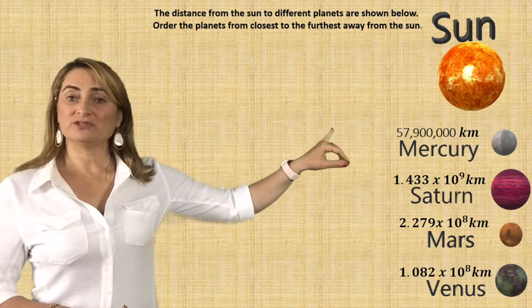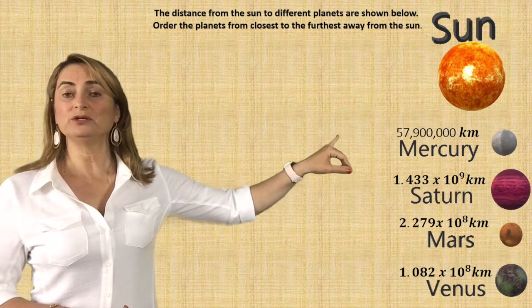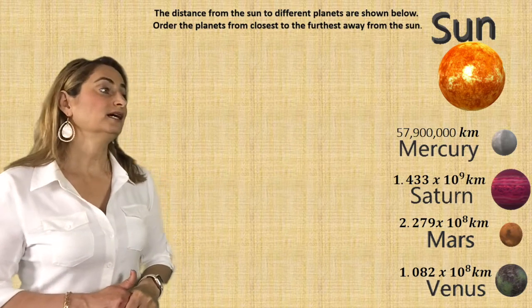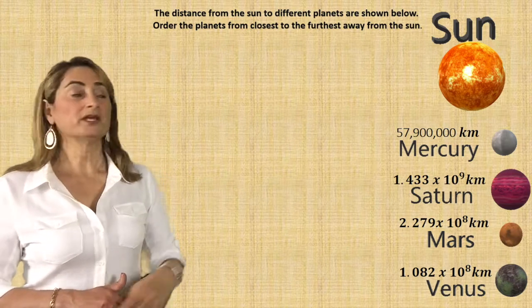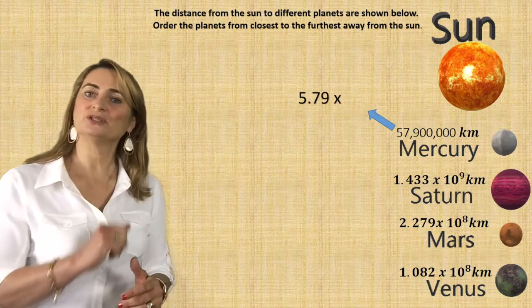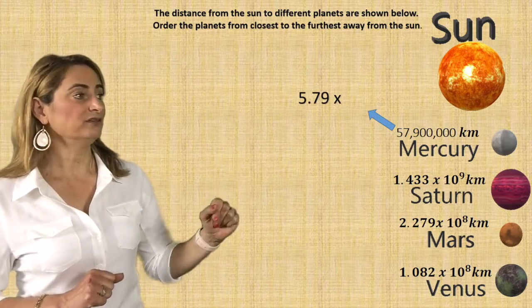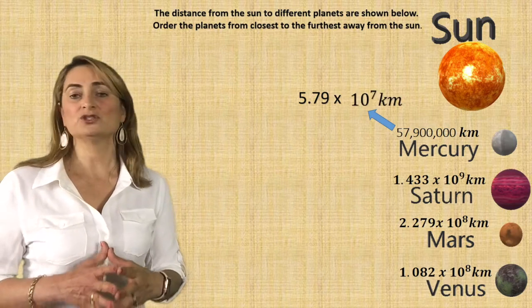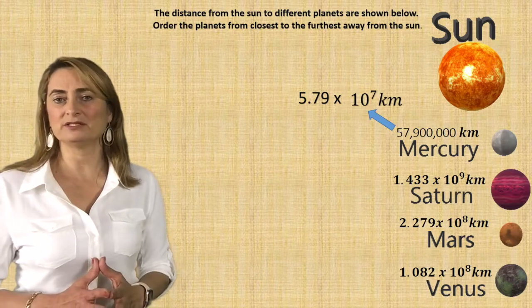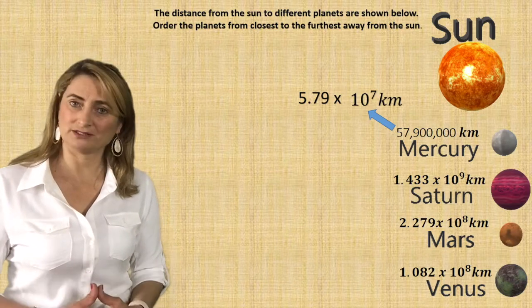You know you need to move the decimal to get a factor between 1 and less than 10. So look for the leading non-zero digit, which is 5, and write the number of 5.79. How many times did you move the decimal to the front of the 5? You moved it 7 times, so times 10 to the power of 7. Now I'm able to compare these numbers and see which one is the smallest.